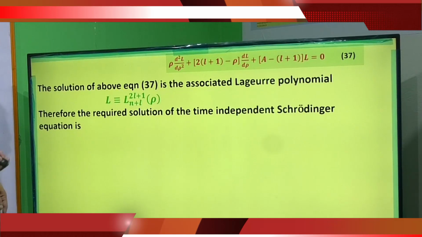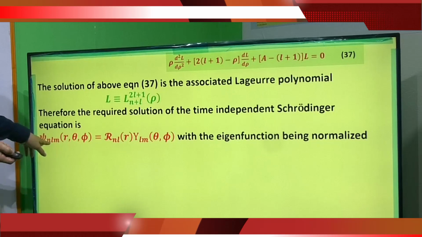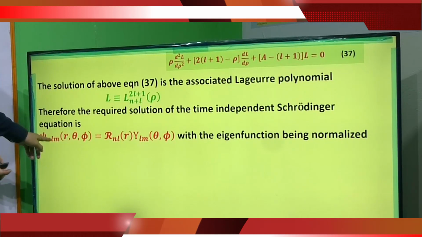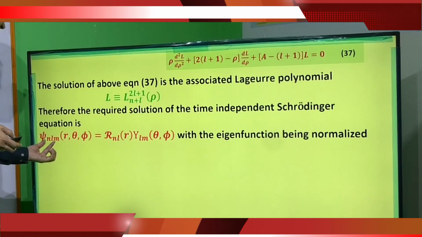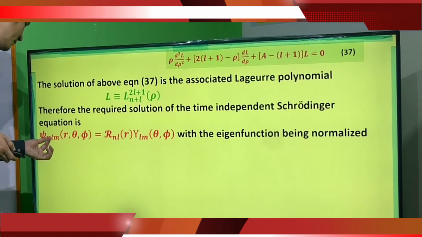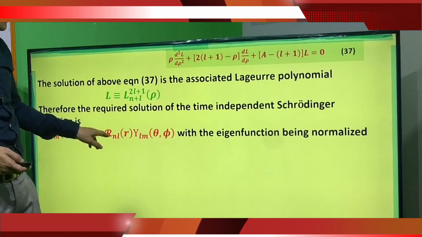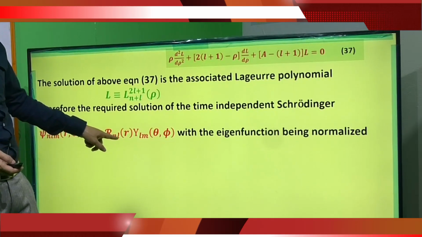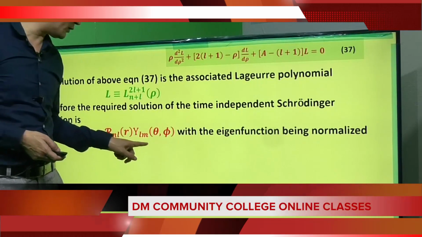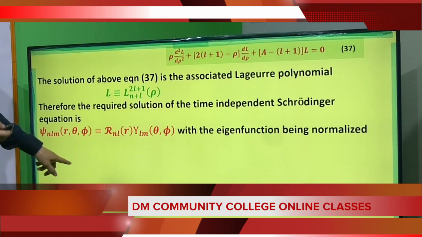The required solution of this time-independent Schrodinger wave equation, that is your eigenfunction, depends on the quantum numbers small n, L and M. So I have started using it instead of psi, simply with subscripts n, L, M. That we call the radial function depending on the quantum numbers n and L, and that Y was our spherical harmonics that we have seen earlier. So I am expressing it in this way.